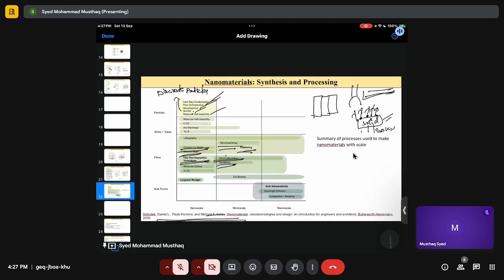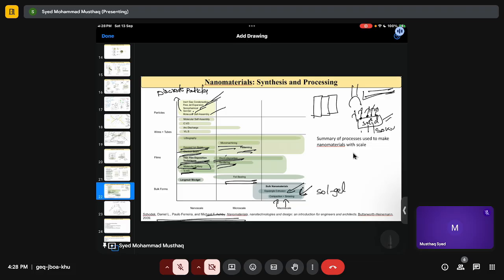So there is another thing, photolithography. I have explained this. CVD also I have explained, and I didn't explain molecular epitaxy, but I will explain in the next few lectures. And in bulk form you will get sintering, compaction, equal-channel angular extrusion, and also sol-gel.